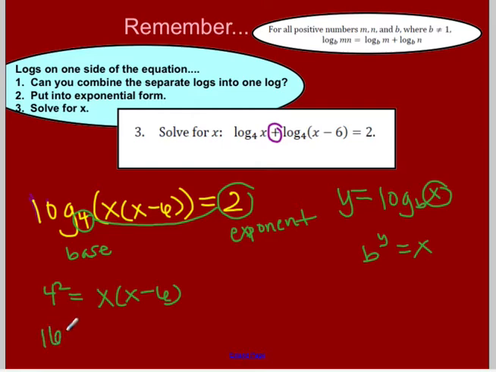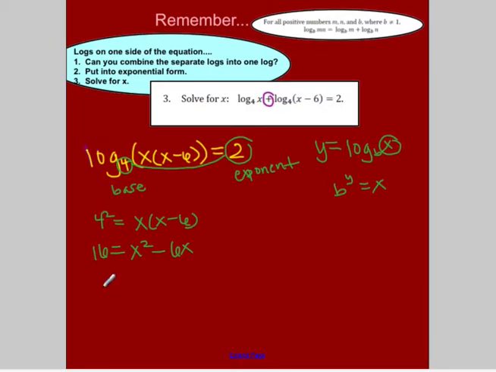Now I have 16 is equal to x squared minus 6x. I notice that it's a quadratic, so I am going to get everything to one side. So I'm going to subtract 16 from both sides. So I have 0 is equal to x squared minus 6x minus 16. Now I have to factor.